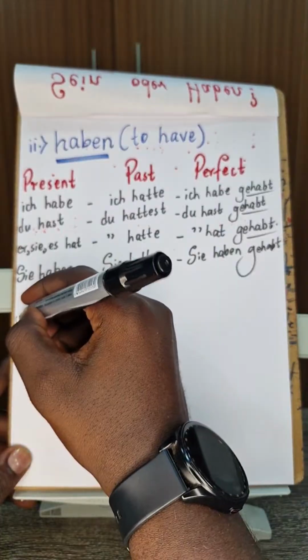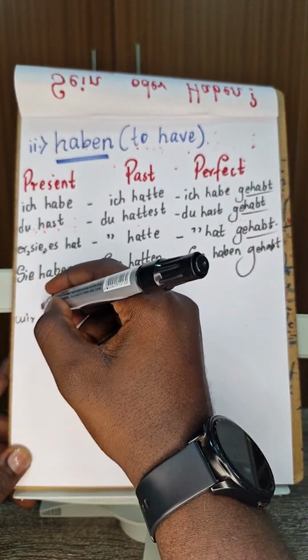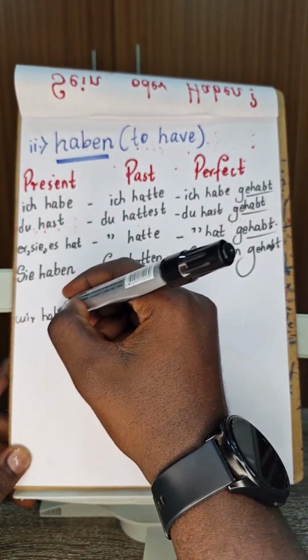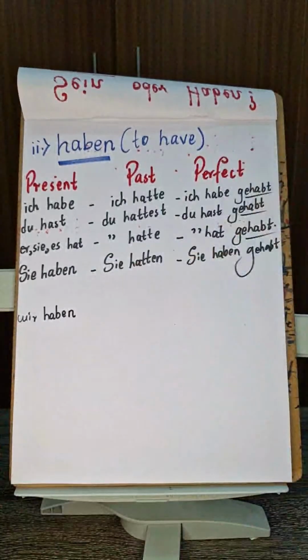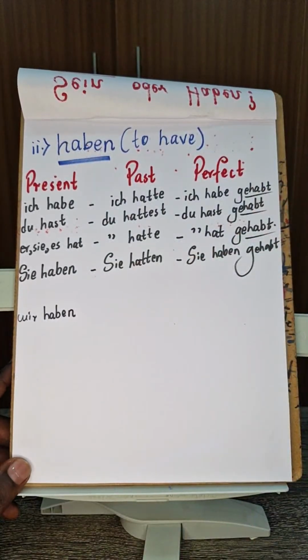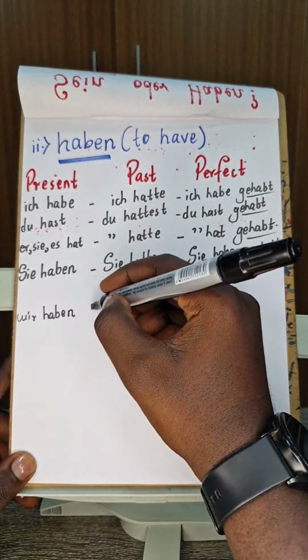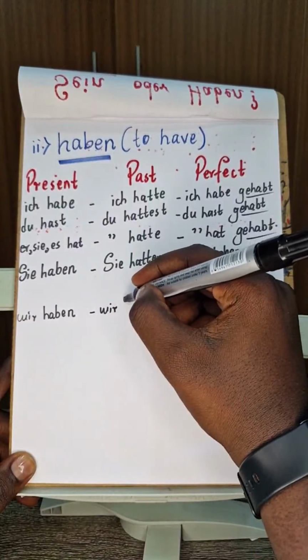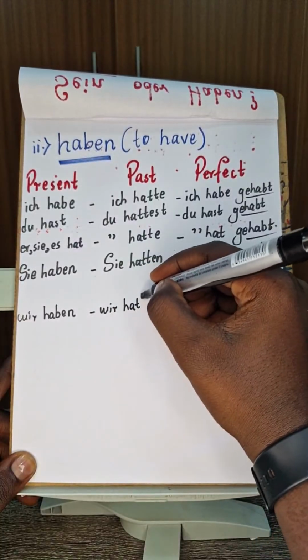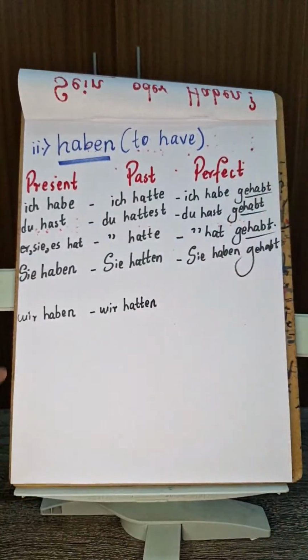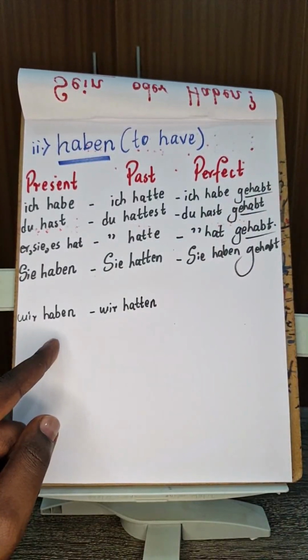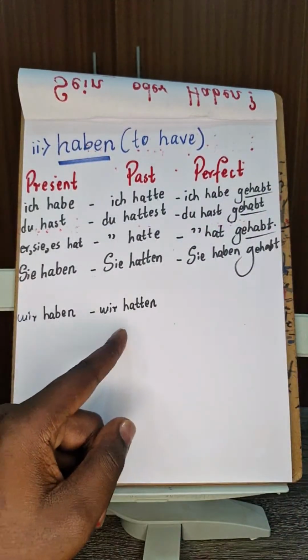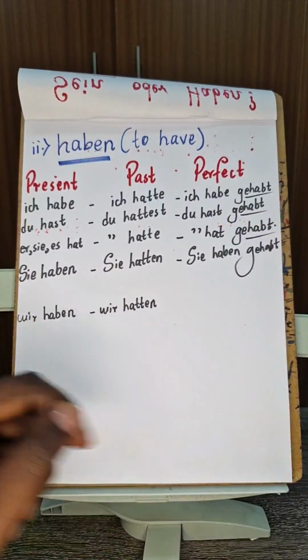Now, under wir, you would say wir haben, right? Wir haben, hello to each one of you who are just tuning in, willkommen. Wir haben, we have, and then wir hatten, we had.